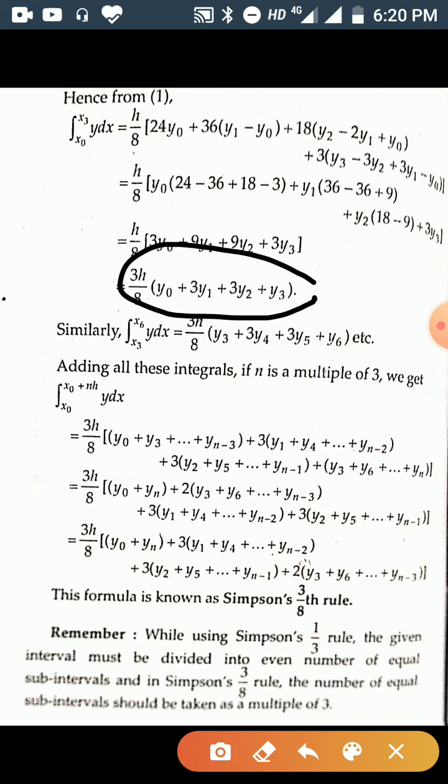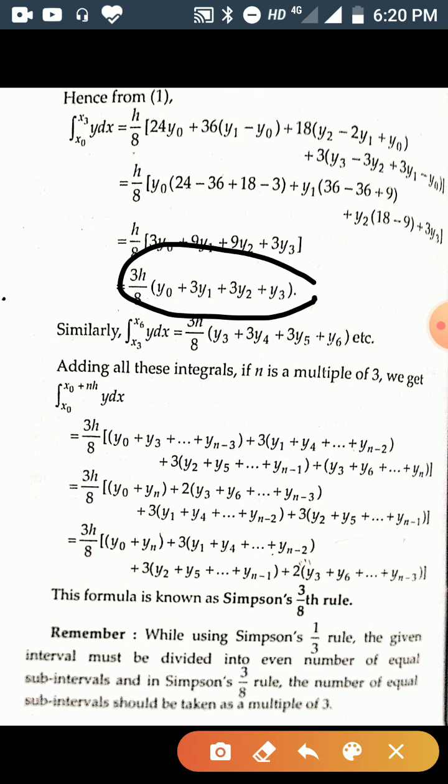etc. So adding all these integrals, if n is a multiple of 3, we will get the integral from x0 to x0 plus nh of y dx is 3h by 8 [y0 plus y3 plus dot dot dot yn minus 3 plus 3(y3 plus y4 plus dot dot dot yn minus 2) plus 3(y2 plus y5 plus dot dot dot yn minus 1) plus y3 plus y6 plus dot dot dot yn].